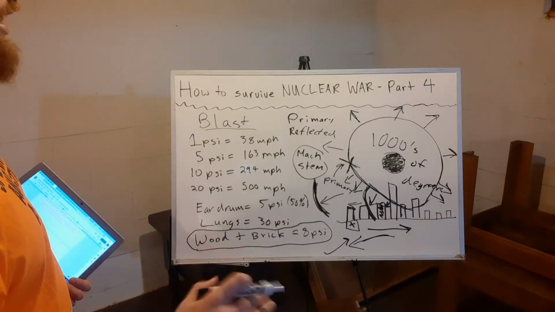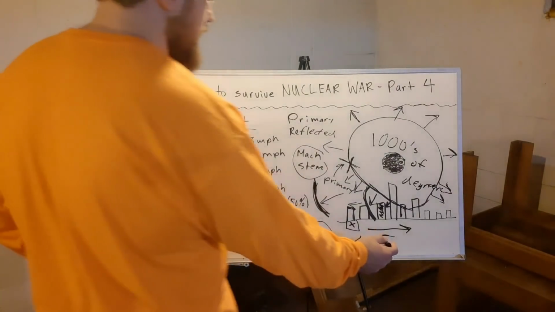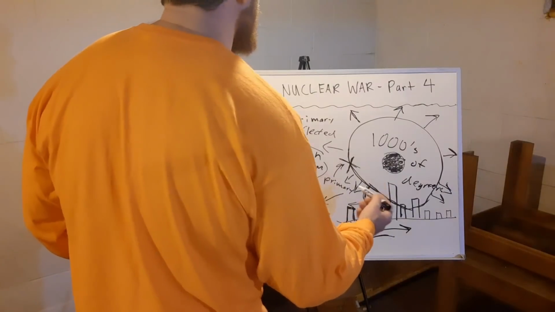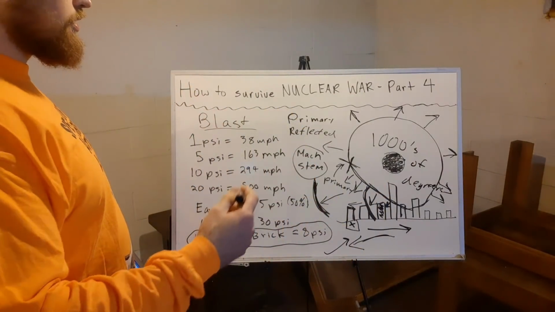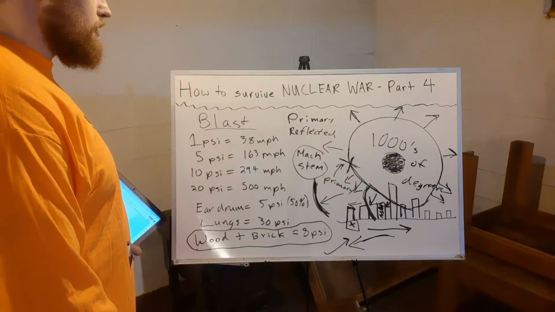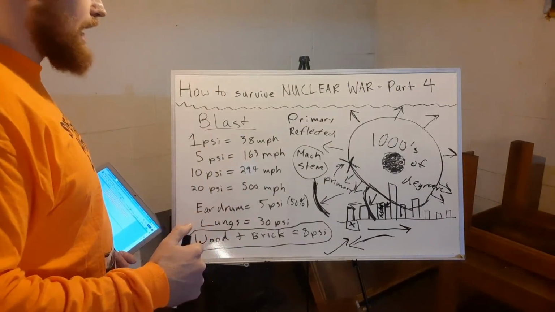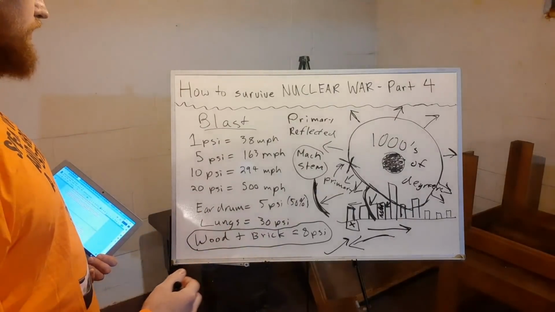But that's going to be less damaging. 90% of the damage will be from the positive phase. But you can get damaged in the negative phase. You can get injured. Things can get damaged, so you still want to take cover when the negative phase comes back, and the negative phase will be a couple of seconds after the positive phase.